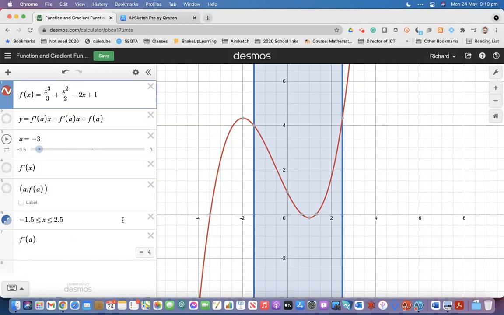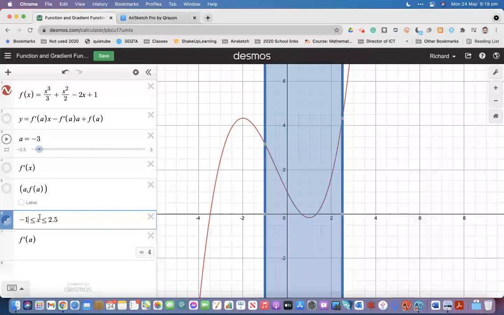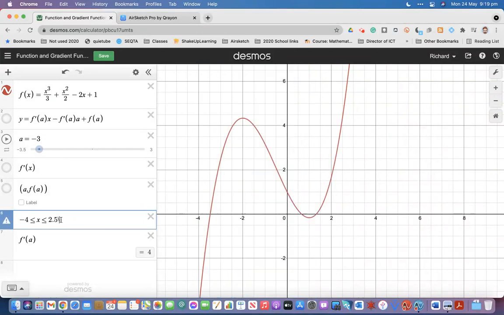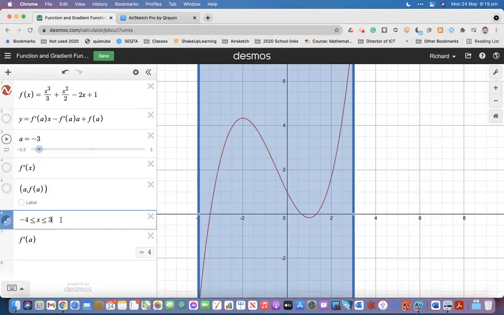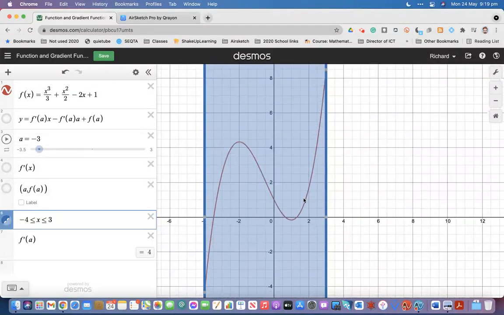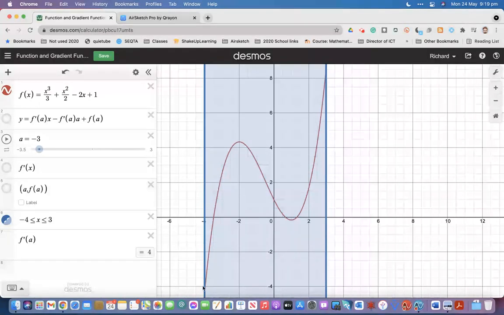In fact, what you can do is take a range like this. I'll make it to 3, for example, and zoom out a bit. So if I take the function like this, with x between -4 and 3, from here all the way to here, what is the minimum for this function? The minimum would actually be down here, and the maximum will be up here.